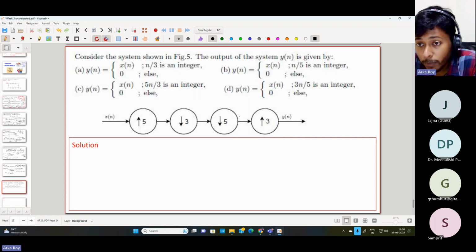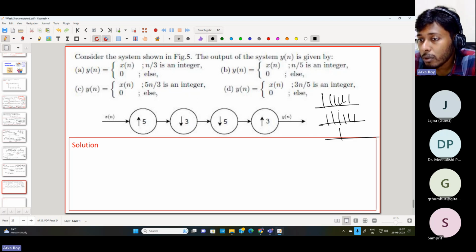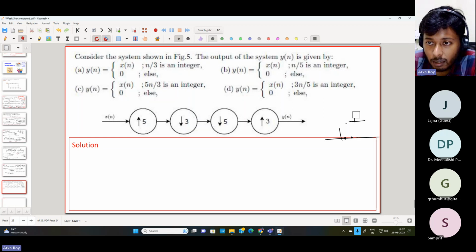But in all the places, for example, if this is your input, you may not get the exact x[n]. You may get some values retained from x[n] and some values 0. So you need to check those particular things.